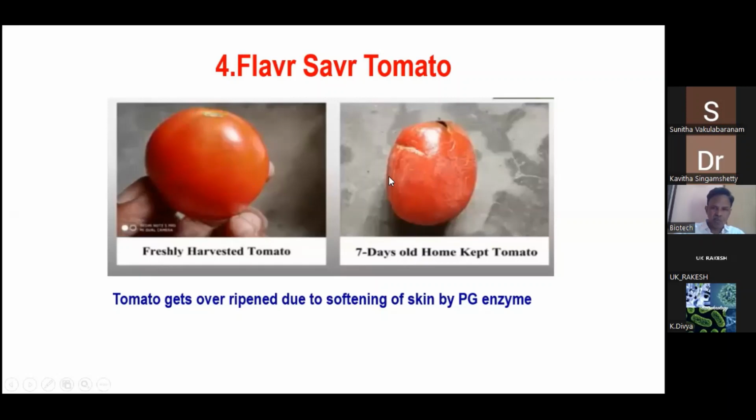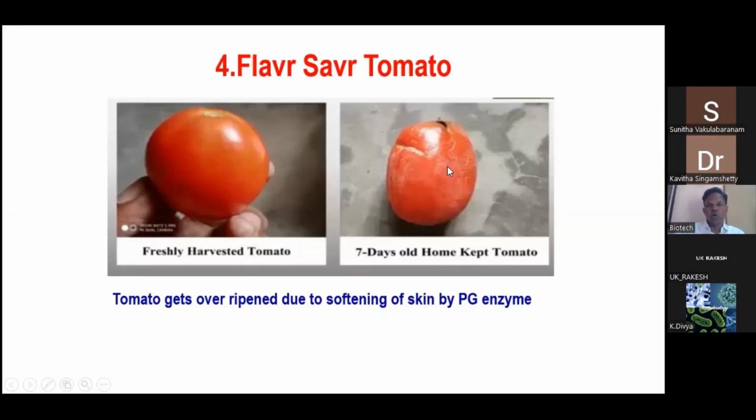But when you get it to the house, maybe after a few days or so, you get fungal infection, and then the fruit starts to rot. Okay, hardly 7 days this particular fruit can survive. In summer, not even 7 days, 3 days, 4 days, tomato fruit will be rotten, right?